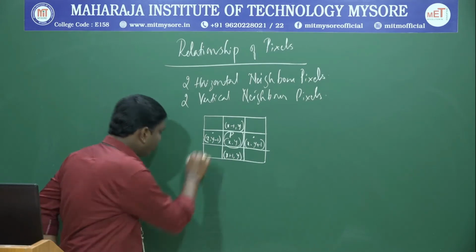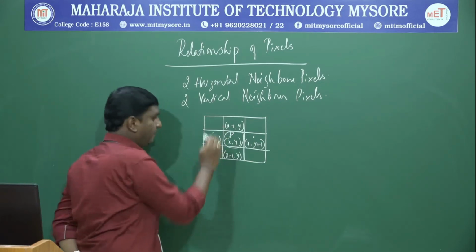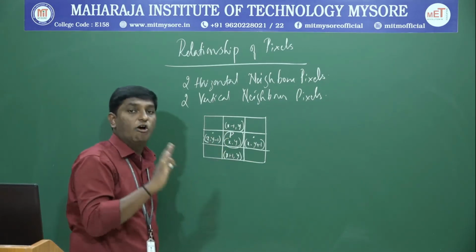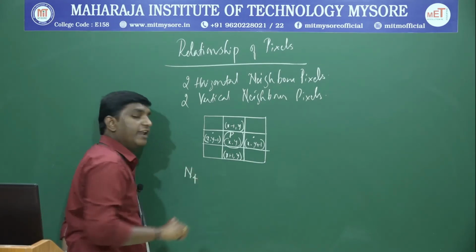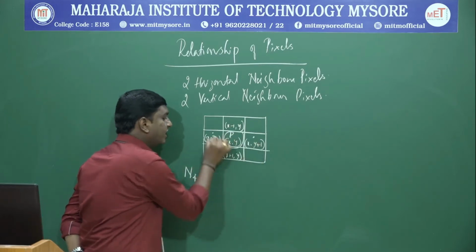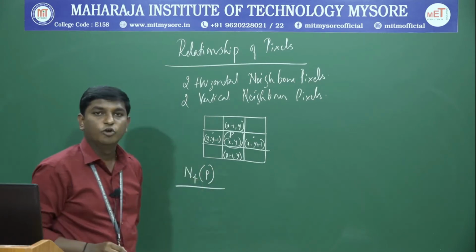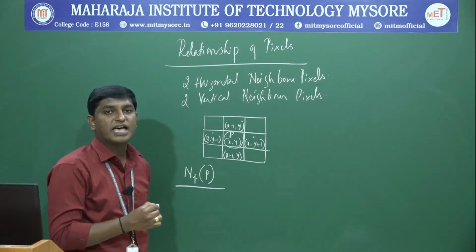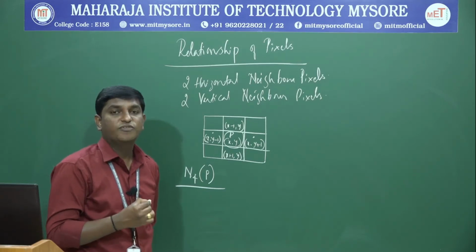We call pixels that are neighbors of pixel P, either horizontally or vertically, N4 neighbors. These are the 4 neighbors of pixel P. We call such pixels N4 pixels, where N stands for neighbor.